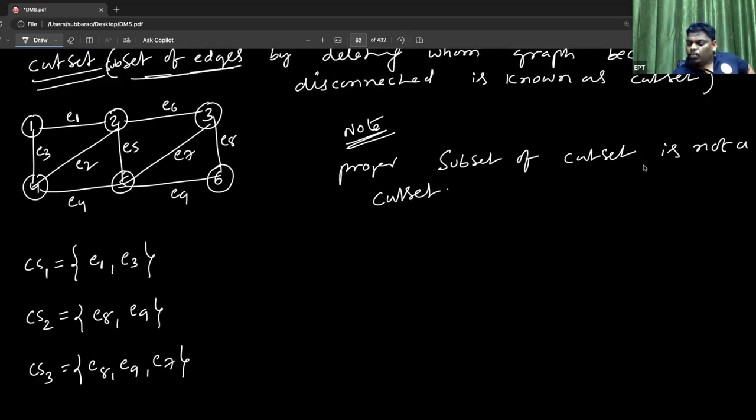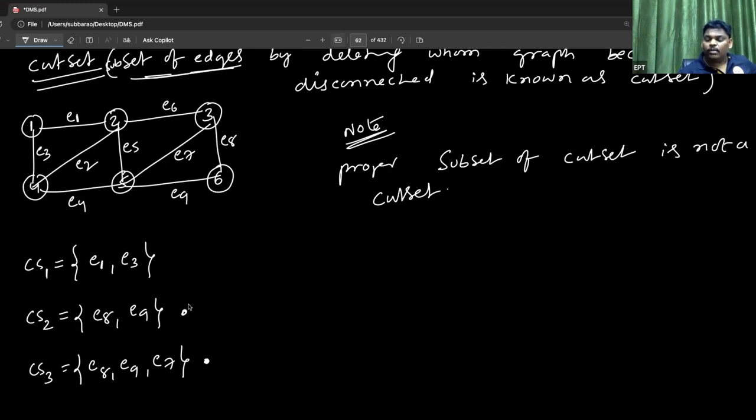See this one. A proper subset of a cut set is not a cut set. Can you help me know the meaning of this line? Is it a proper subset? CS2 is a proper subset of CS3. Am I right or not?